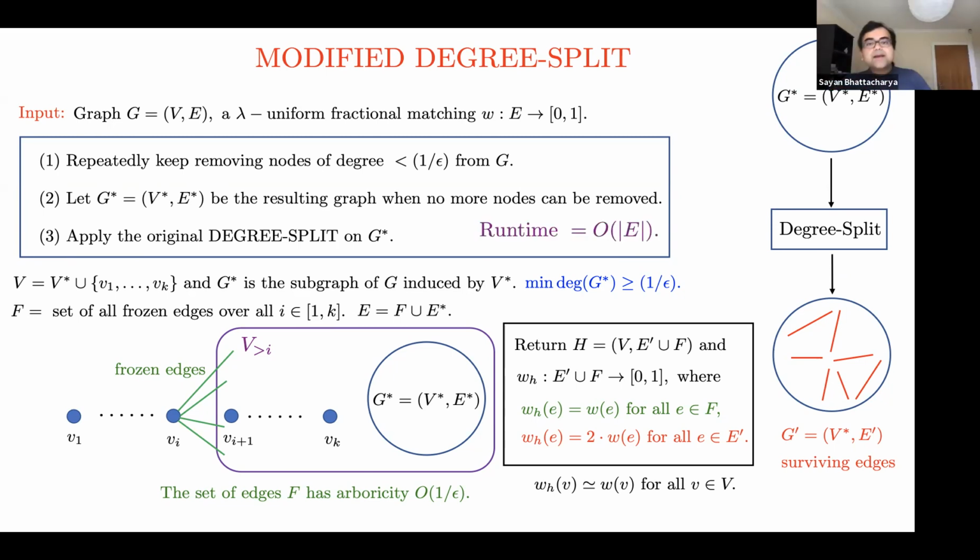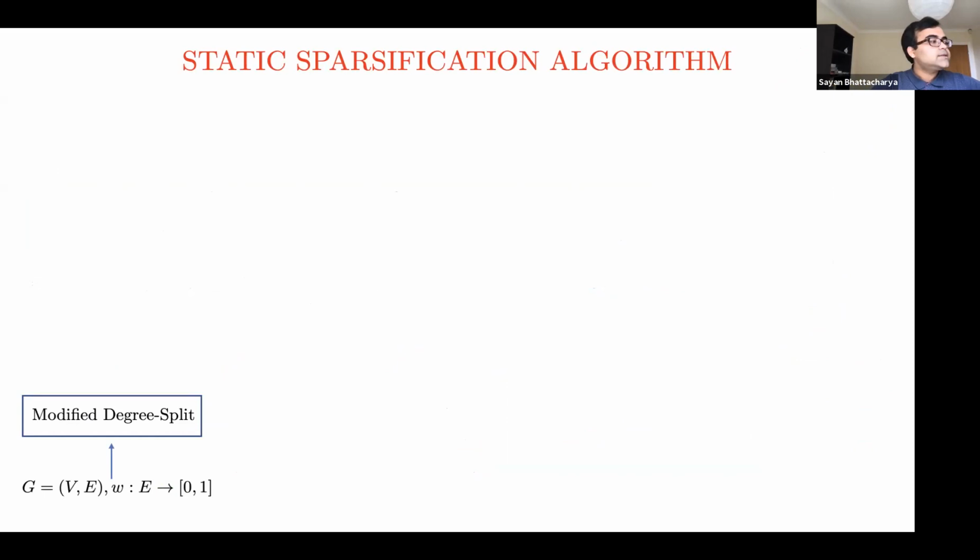And the entire scheme here can be implemented in linear time, because step 1, repeatedly removing nodes, can be implemented in linear time, and step 3, degree split, can also be implemented in linear time. And now here is the static sparsification algorithm. We just keep repeatedly applying degree split log n times.